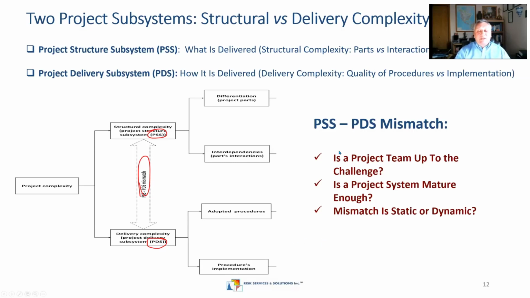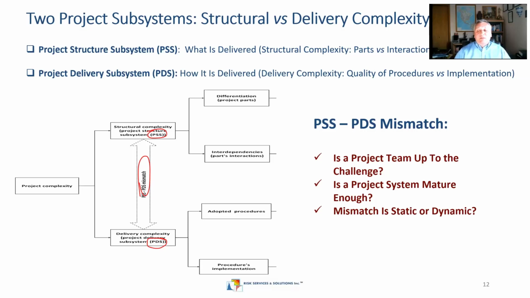So that mismatch, PSS and PDS mismatch, there are 3 questions we need to think about. Is the project team up to the challenge? Is it strong enough in terms of people, procedures, and their implementation to deliver this project as represented by the project structure subsystem? So is the project system mature enough?